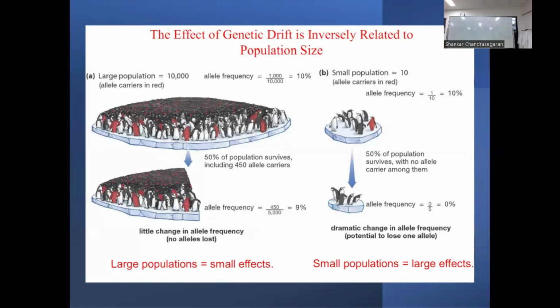But when we're talking about a small population, if we wipe out half of them, suddenly you notice they've lost one unique allele that was present within the population. They no longer have that allele. So if you look at the allele frequency for that specific allele, it has suddenly become 0%, which is a dramatic change in the allele frequency, where it's lost one of the unique alleles that it originally had in that population.